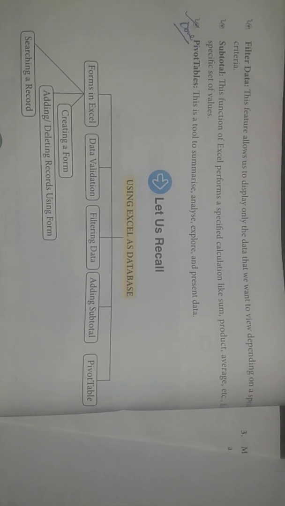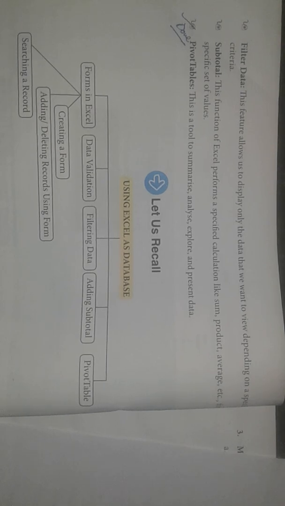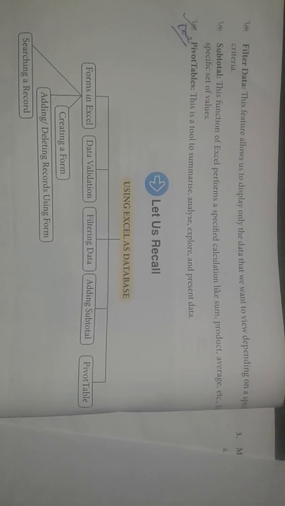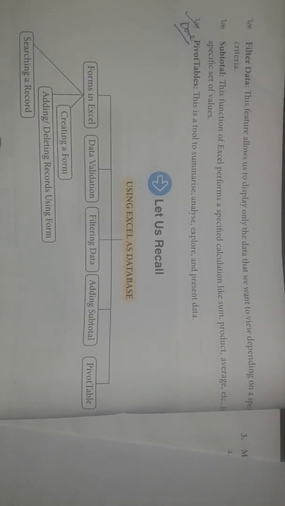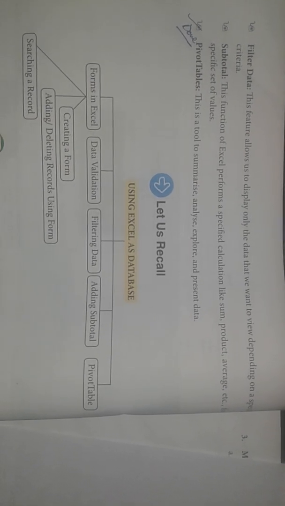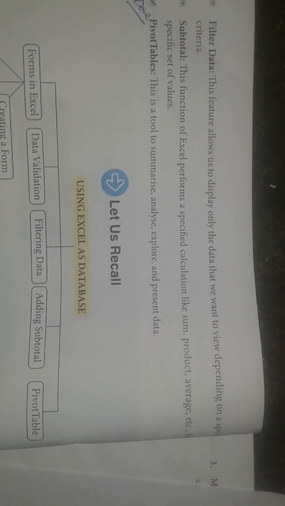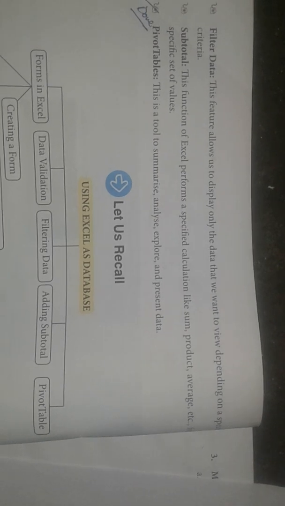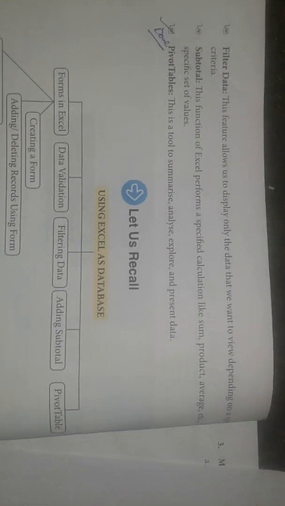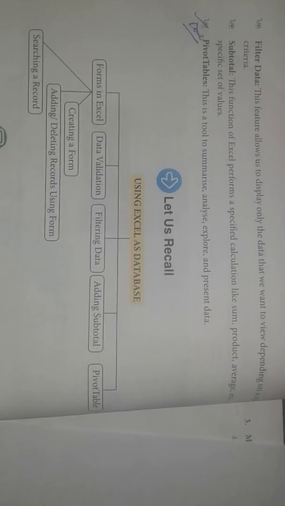What is subtotal? This function of Excel performs a specific calculation like sum, product, average, etc. for a specific set of values, and is called subtotal. And pivot table, we already learned that. Pivot table is the tool to summarize, analyze, explore and present data. So these are some important definitions which you need to note down in your classwork copies.